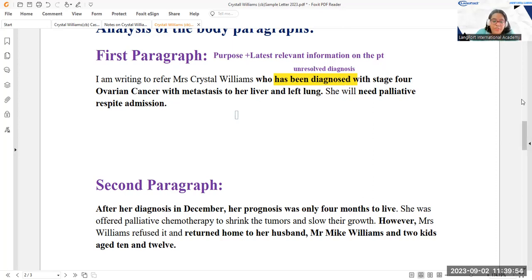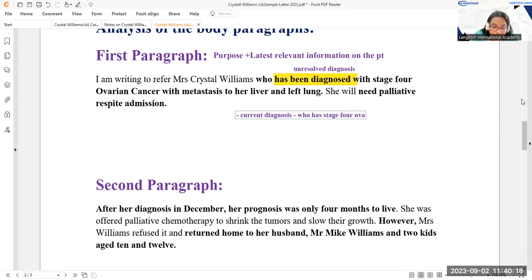If you don't want to mention it as an unresolved diagnosis, if you want to mention it as a current diagnosis, that is also fine. That's your decision. Earlier when we discussed, I mentioned it as a current diagnosis. In the sample letter, I mentioned it as an unresolved diagnosis. It's my decision. If I'm mentioning it as a current diagnosis, I can say "who has stage 4 ovarian cancer".